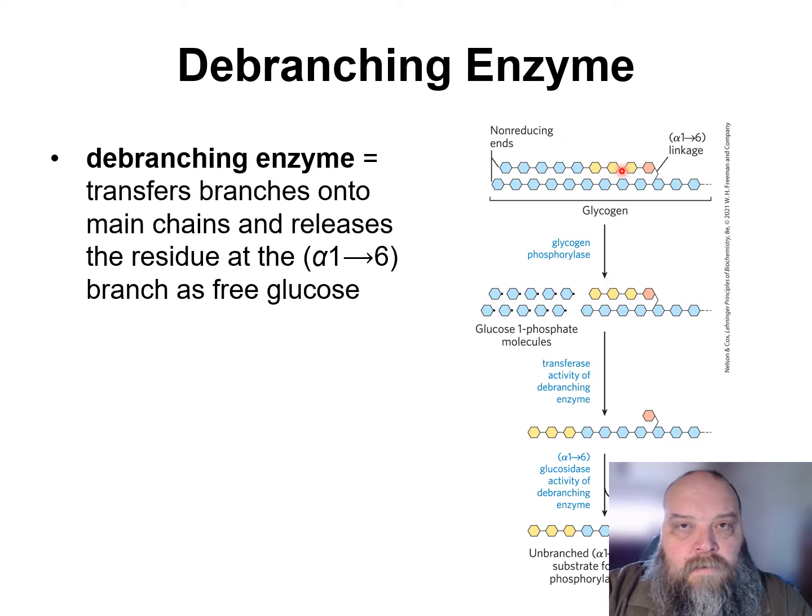So many units in, it's going to cut from the 1,6 linked sugar, and it's going to transfer to the non-reducing end of one of the strands, and then it's going to keep going and going.